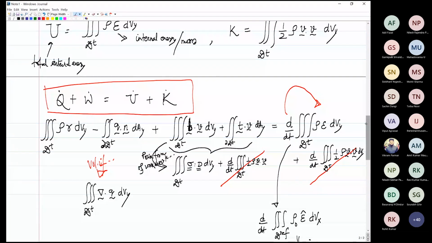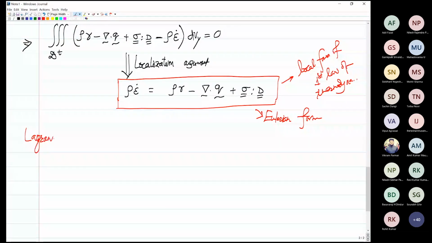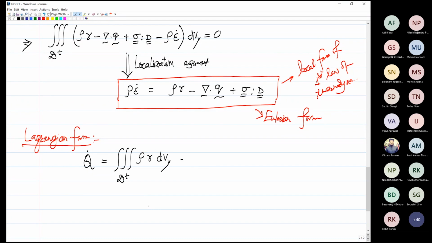So if you think of the Lagrangian form, let me write down each of the terms now in Lagrangian form, but we'll do it briefly. Q dot, we saw it above, it was d over dt of the integral of rho small r dvy minus the integral of q dot n dAy.